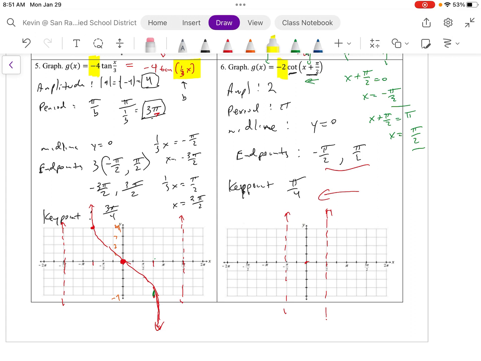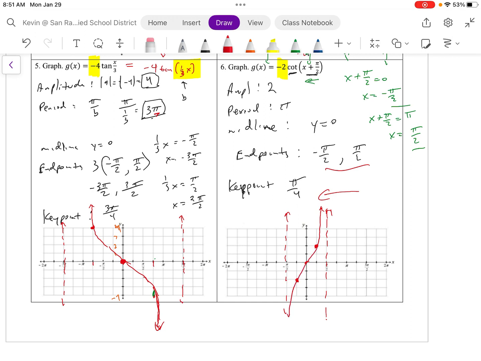But because we have this reflection right here, we're going to start at negative pi over 2 and go up to 2 at pi over 4, then come down here. All right? And now we draw this in.